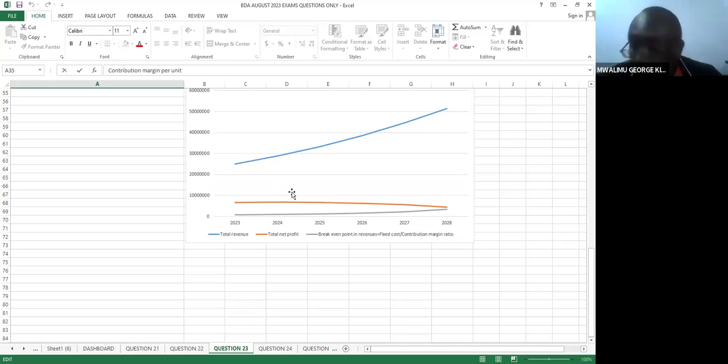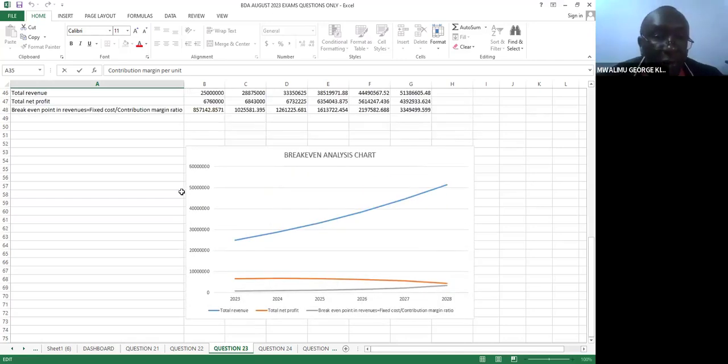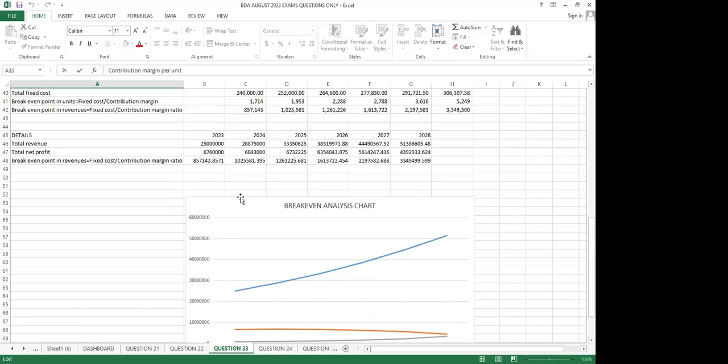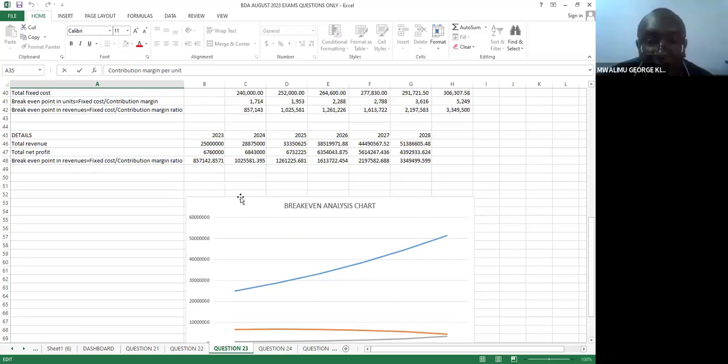Yes, it's slightly different from this one, but the components are the same because what you require is the total revenue, the fixed costs, the total cost, and the profit. Then you insert the chart. So here too, the data is already here. Then you insert. I gave you the procedures, so you can refer. Okay, teacher. Yes, if it bothers you, remind me next time, we can still do it.